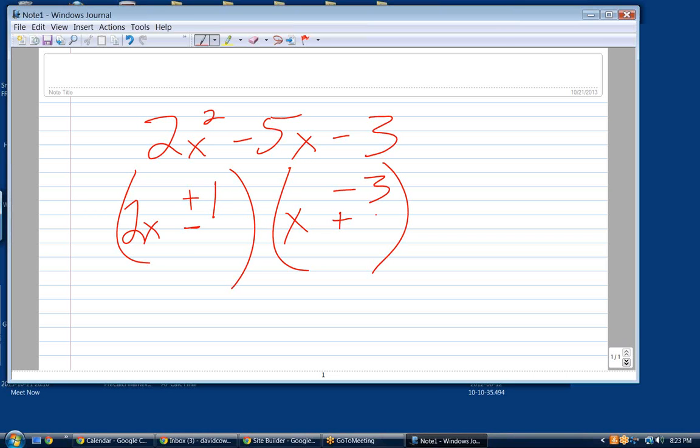Got x minus 6x. Negative 5x. So we get plus x minus 6x. There's our middle term. So we got it right. And that's pretty much how you want to handle all factoring problems.